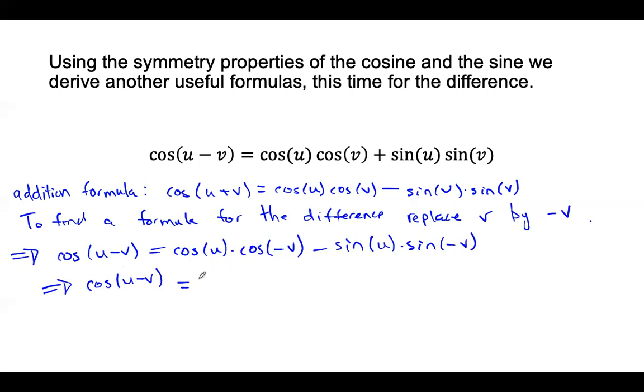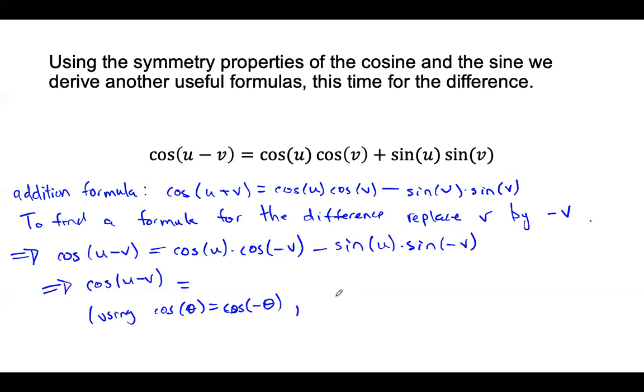So this implies here the cos of u minus v, and we're going to use properties. So using cos of theta is equal to cos of negative theta. This is because this has symmetry along the y-axis.